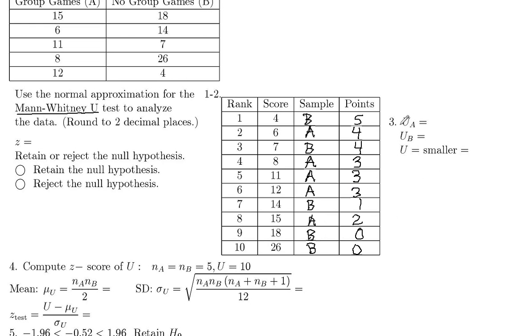So now we sum up the points for A scores and the points for B scores. For A scores, we've got 4, 3, 3, 3, and 2. So 4 plus 3 plus 3 plus 3 plus 2, which is a total of 12. And then the B scores, 5, 4, 1, 0, 0.